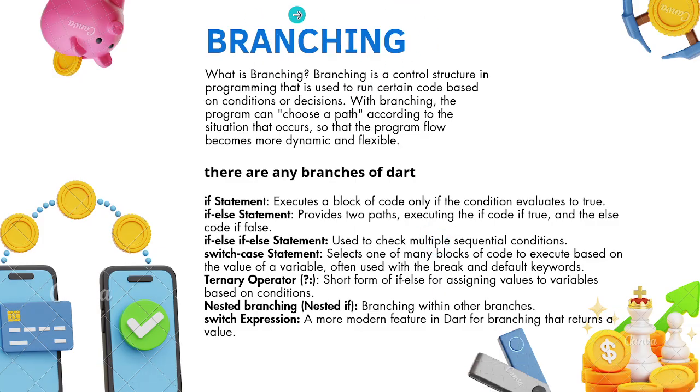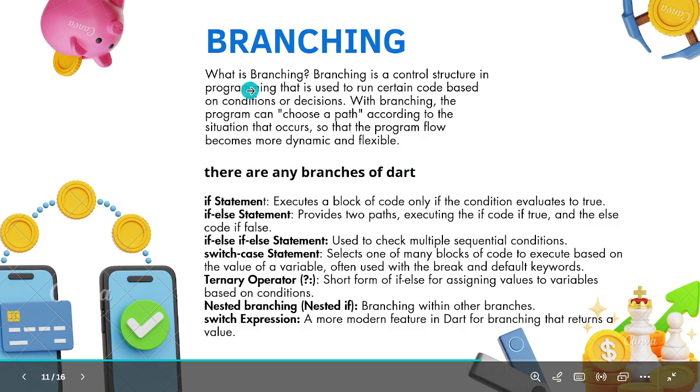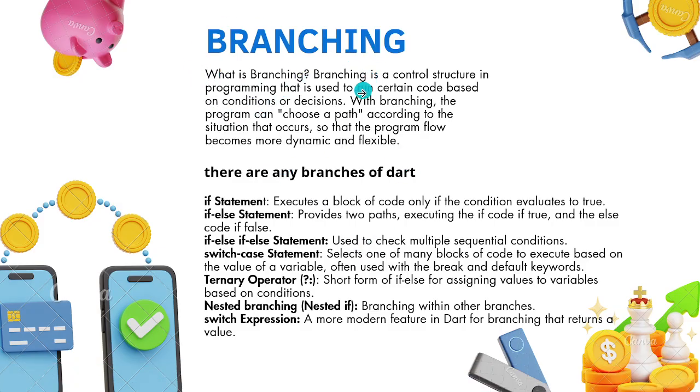Okay, next, branching. Branching is if else. Branching is a control structure in a program used to run certain code based on a condition or decision, so the program can choose a path according to the situation, which makes the program more dynamic and flexible.